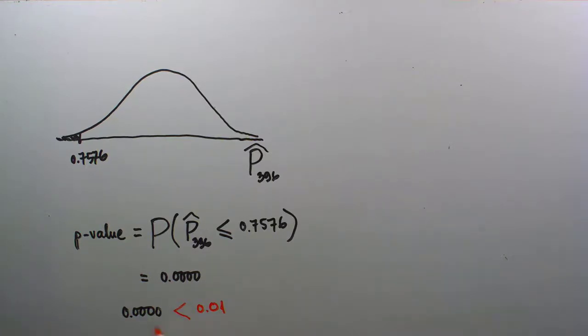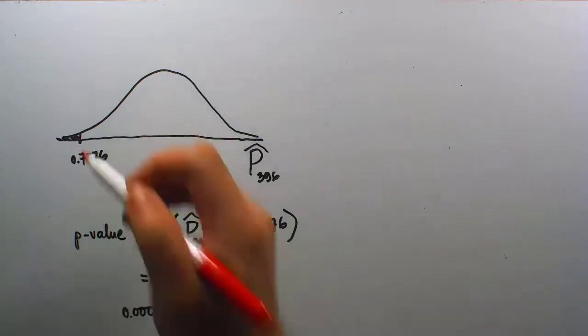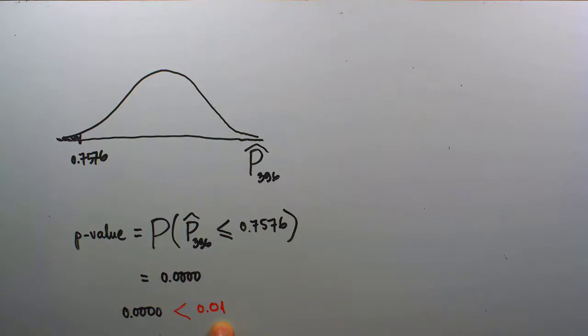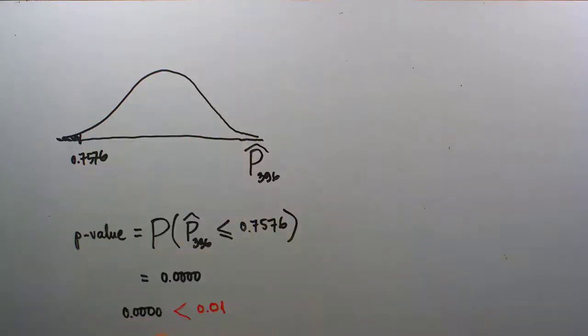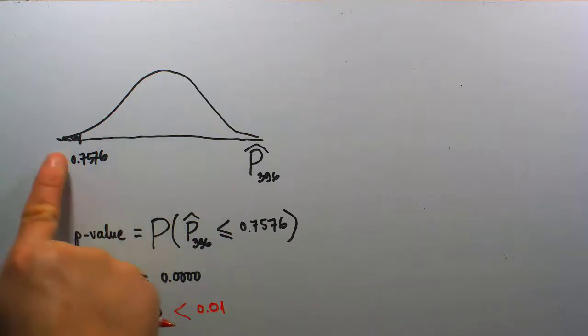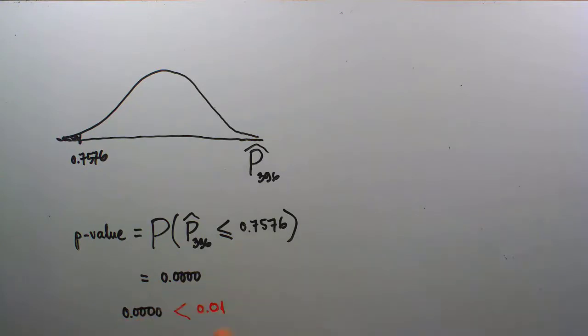Putting this argument together, the significance level, which I wrote in red ink, is graphically represented by the red area, 0.01. The p-value is shaded in black, and the p-value is smaller than the significance level.